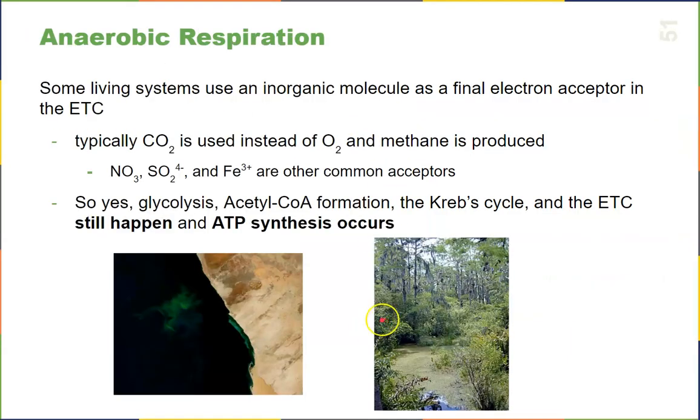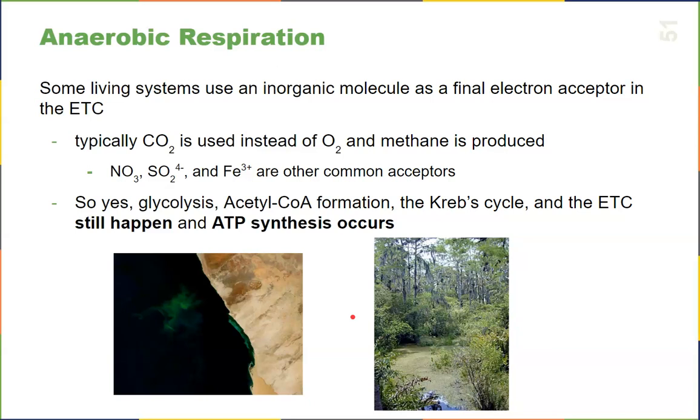So anaerobic respiration is not exactly the same as fermentation. Anaerobic respiration is kind of an umbrella term, and that's what happens when we don't have oxygen. Some living organisms can use an inorganic molecule as a final electron acceptor in the electron transport chain.